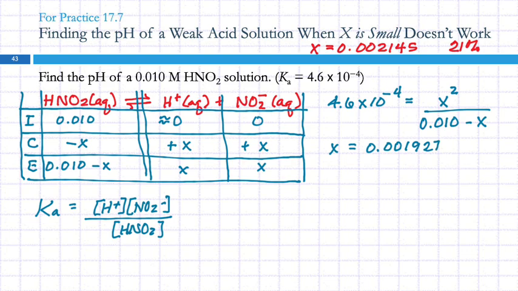It's not crazy different than the approximation, but there's definitely a bigger difference. And so that's our hydrogen ion concentration. It's also the nitrite ion concentration, but that's not very useful. So pH is the negative log of 0.001927.